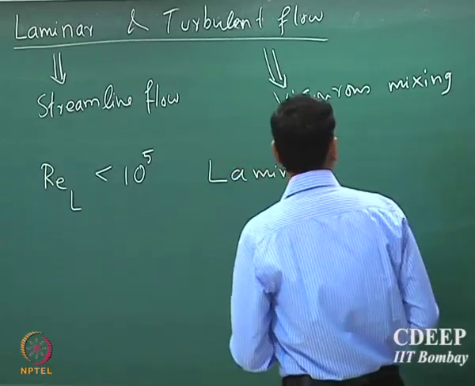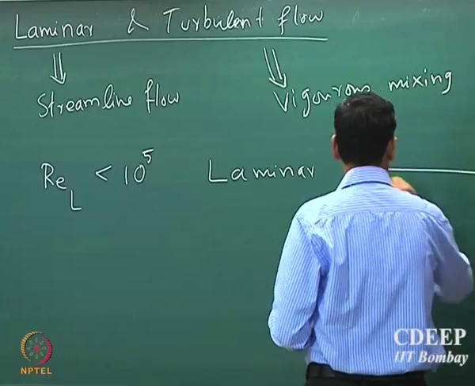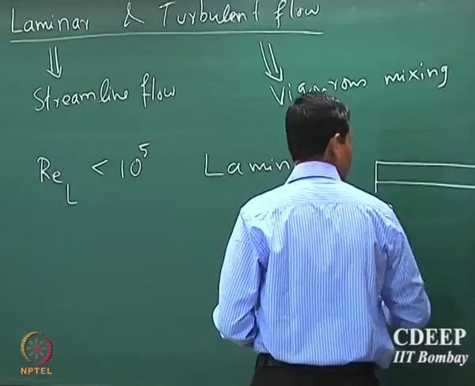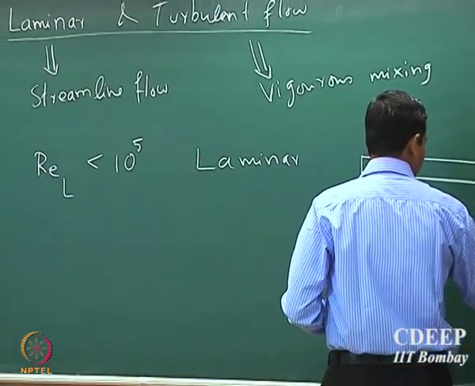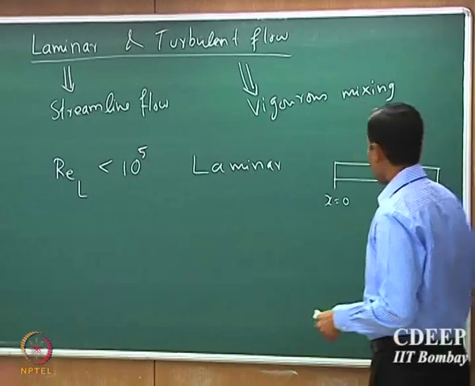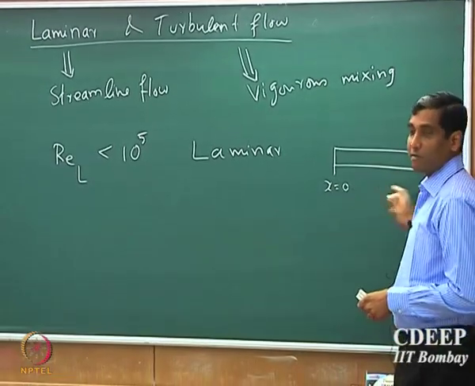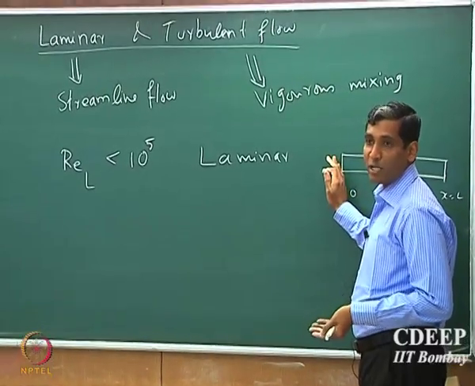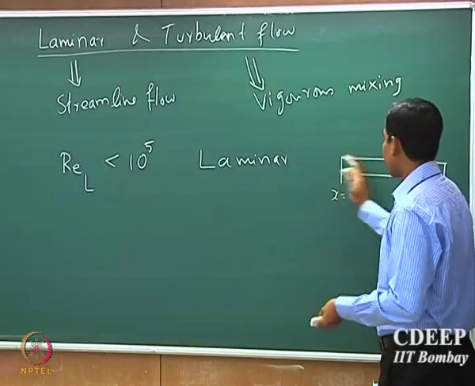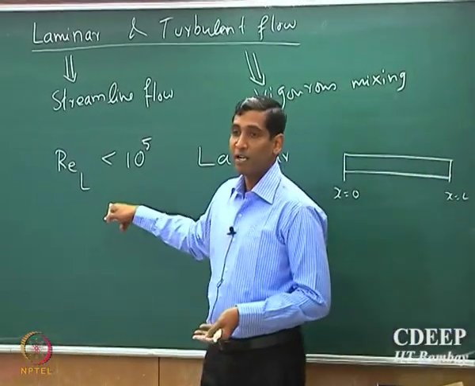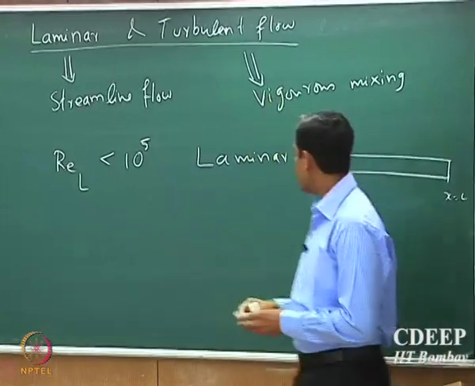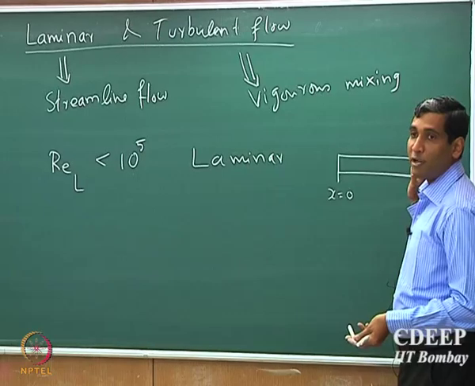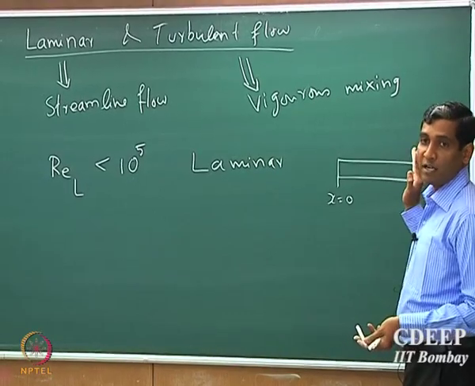So if you have a plate here, this is x equal to 0 and this is x equal to some L. The distance from the starting point of the plate, x equal to 0, is the length scale that you should use for defining the Reynolds number. That tells you at which location along this plate the flow is laminar and at which location it is turbulent.